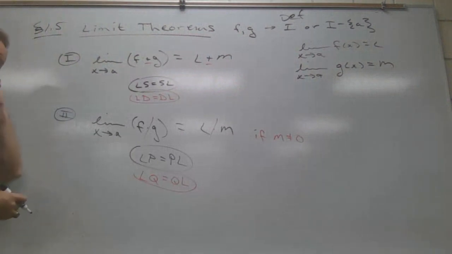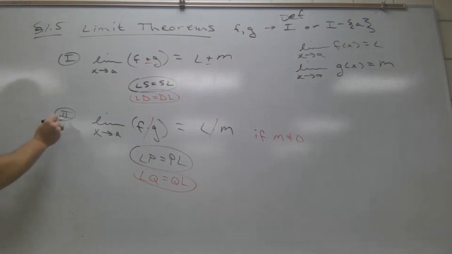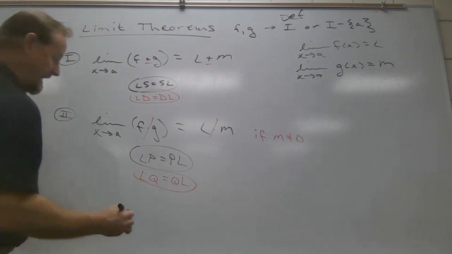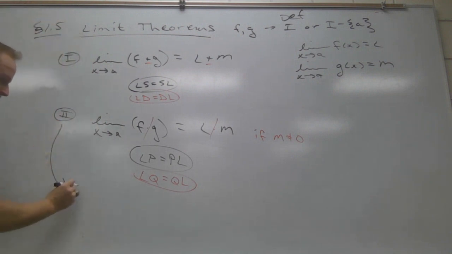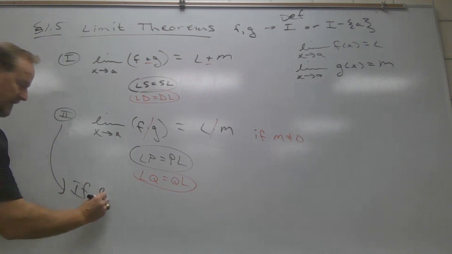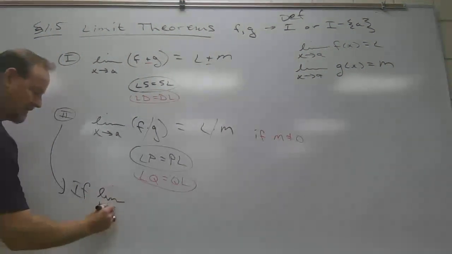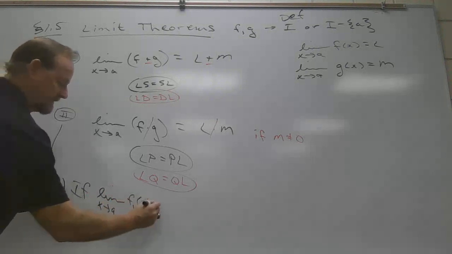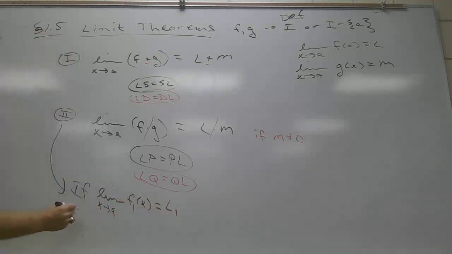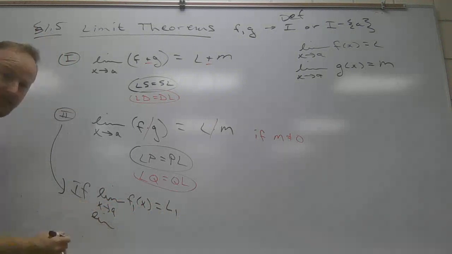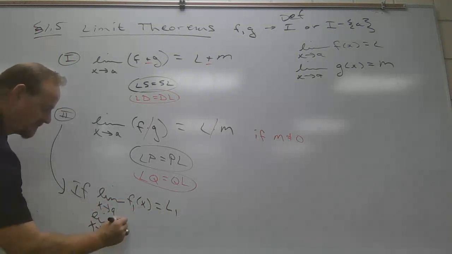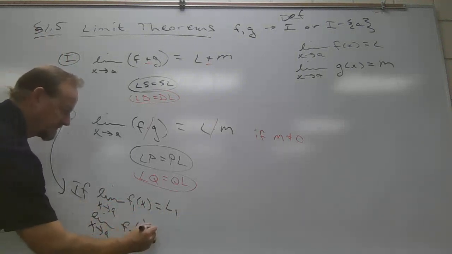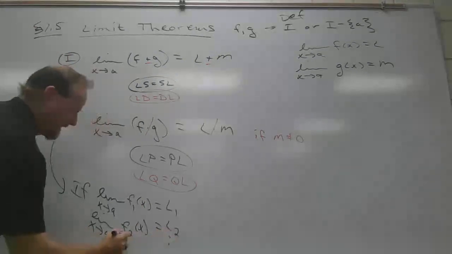So we had that last time. We kind of went through that, but then we have a few others. First of all, the second one generalizes. Okay, so if I have the limit as x approaches a of f sub 1 of x exists and equals L1, limit as x approaches a of f sub 2 of x, so the second function, equals L2, all the way down and keep going.